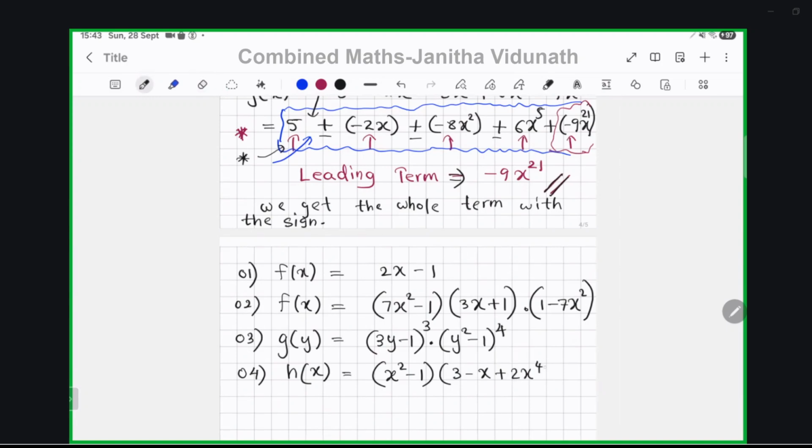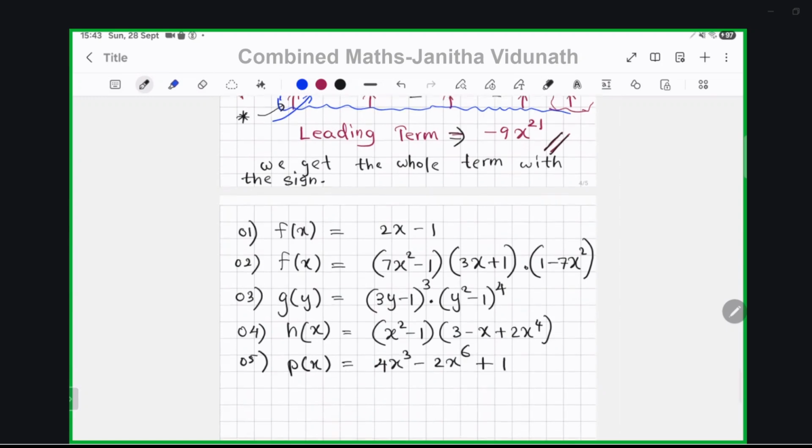Fifth one is p(x) equal to 4x cube minus 2x to the power 6 plus 1. Write down these five equations and send me the answers. Find the leading term of each polynomial.